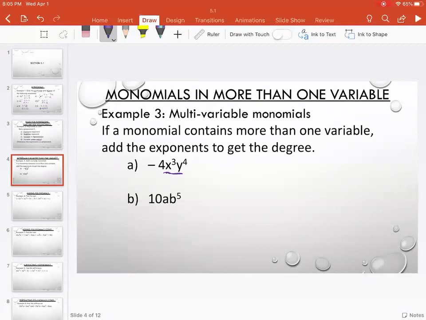So if there's no plus or minus, it's one term. When it's a single term with two variables, you add the exponents to get the degree. Remember, if there's not an exponent on it, it's an understood 1.